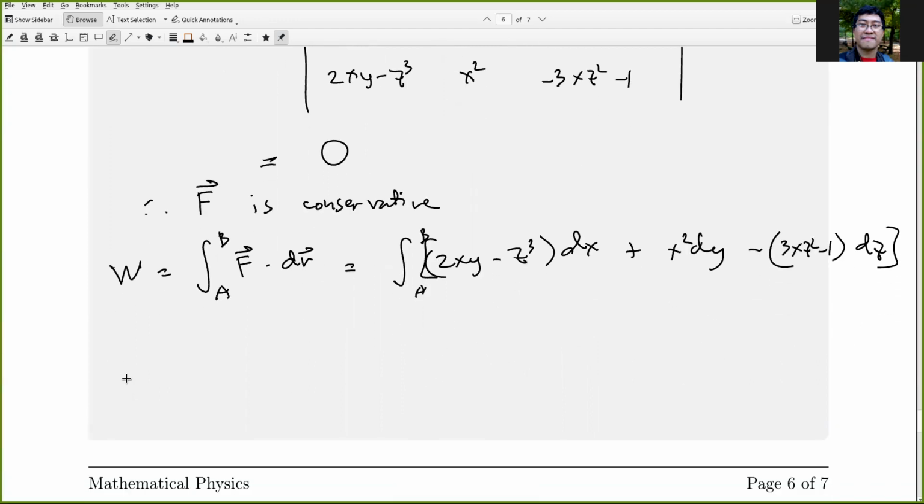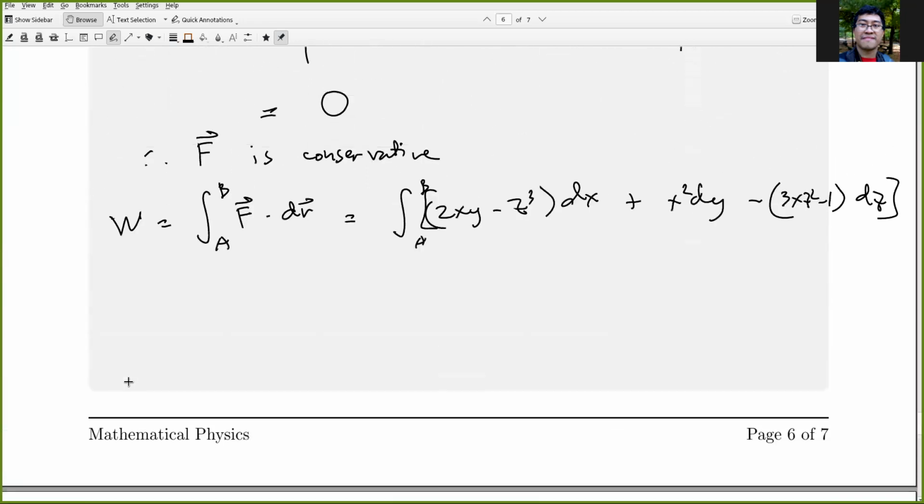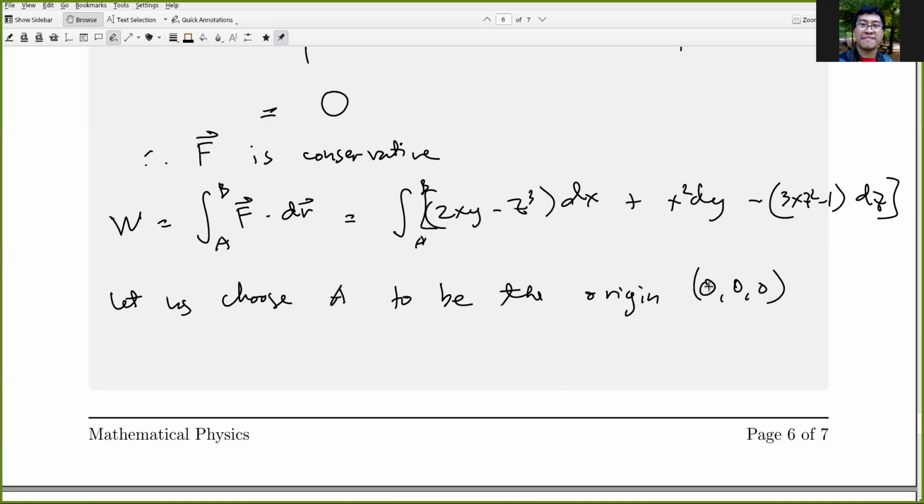Okay, so to evaluate this, we need to choose a path to go from A to B, but we did not really specify what A and B are. So let us choose A to be the origin. This is just a specific choice for convenience, so that the values are 0, 0, 0.